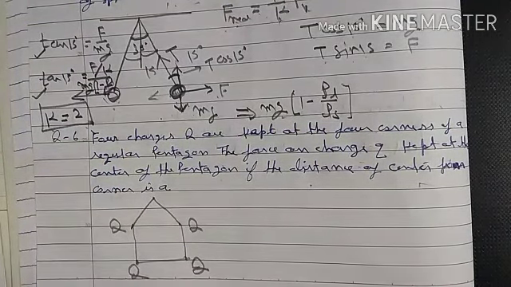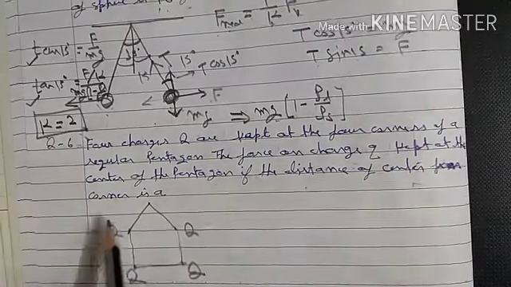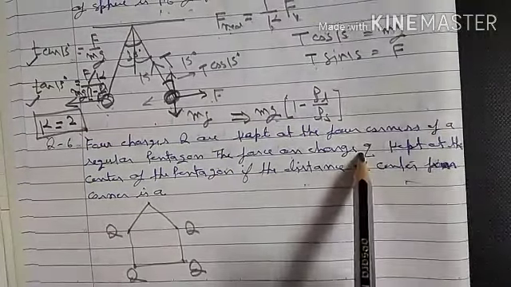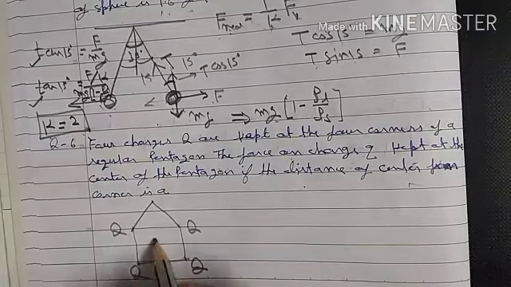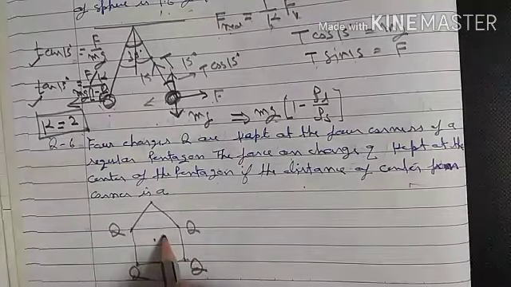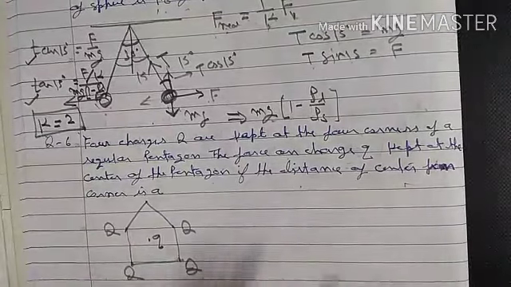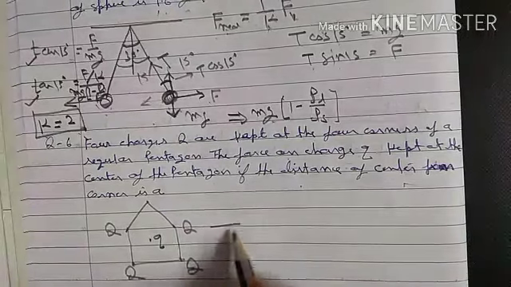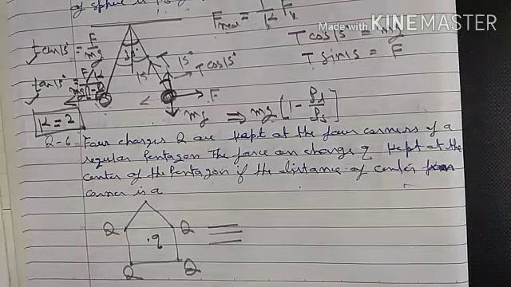And we want to find the force on charge Q which is kept at the center. Suppose this is the center and a Q charge is kept here. So what will the equivalent figure be?